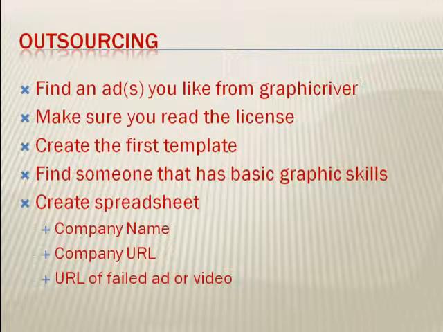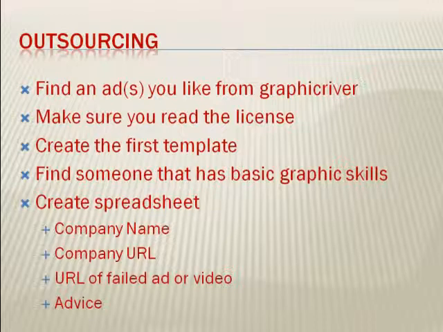If they're attempting to do Facebook, if they're attempting to do YouTube, if they're failing at it, enter that URL. So make sure you also add the URL of the failed ad or failed video. So if the ad needs improvement and the video needs improvement, then leave a section for advice, for tips, and an area for improvement.